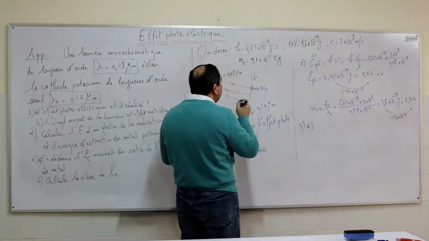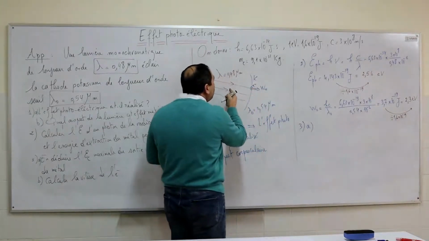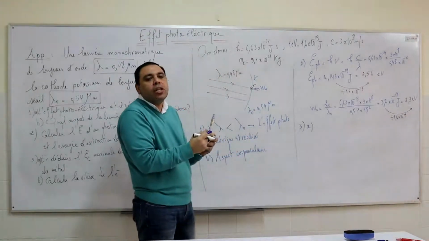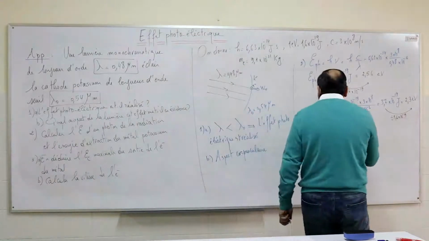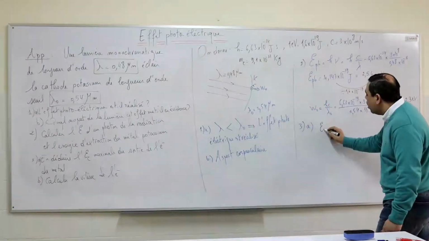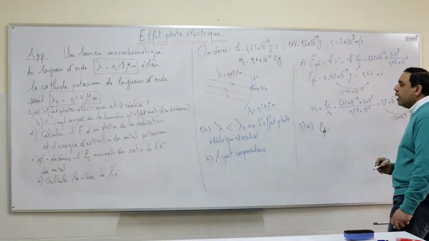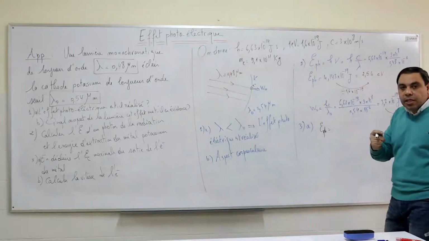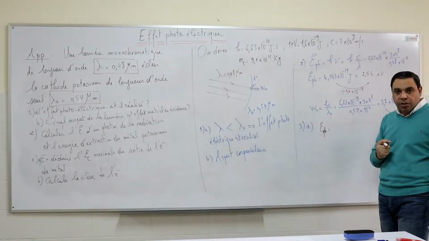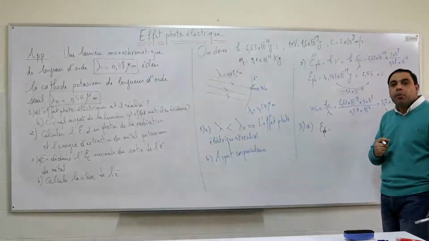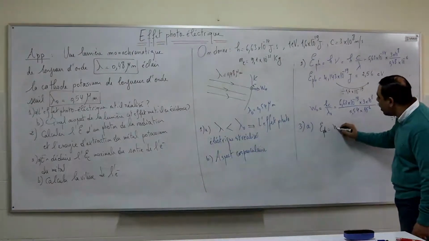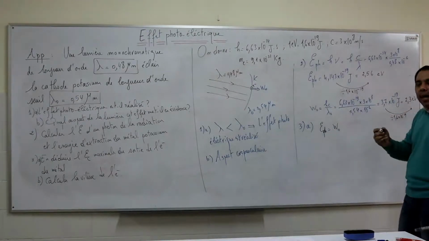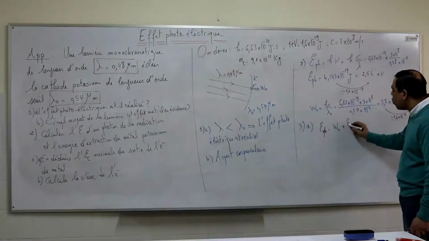The photon gives all its energy to the target electron. Then the energy of the electron becomes equal to the energy of the photon. A part of the absorbed energy is used to liberate the electron from the metal, that is W0. The remaining part transforms into a maximum kinetic energy of the electron.